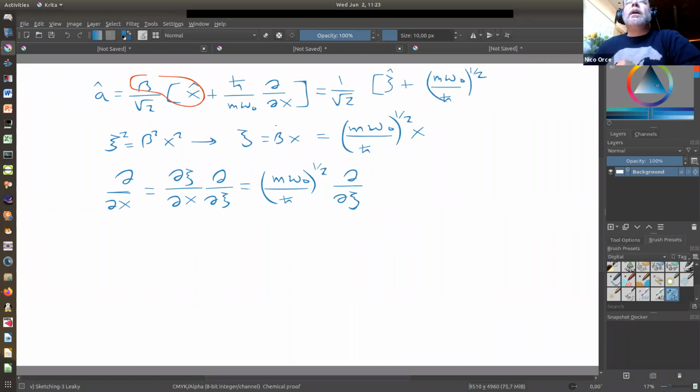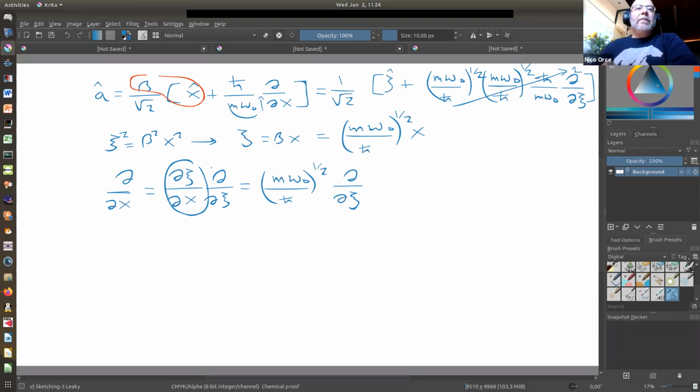With the partial derivative of psi with respect to x, which comes also in here, right? Which is basically the same, (m omega naught over h bar) to the 1/2, times whatever we have there inside already, which is (h bar over m omega naught) to the 1/2, and then the partial derivative with respect to psi, right? So you can see this is a square root, and basically these three factors cancel, they are 1.